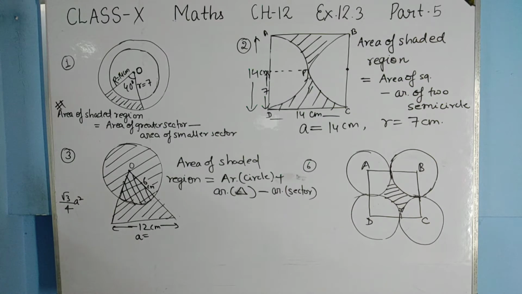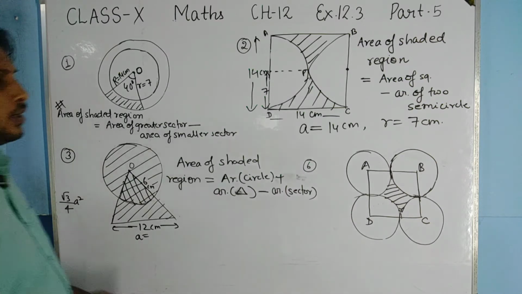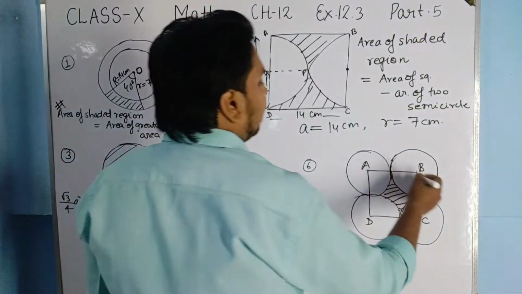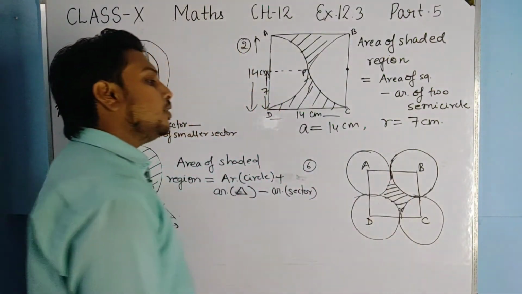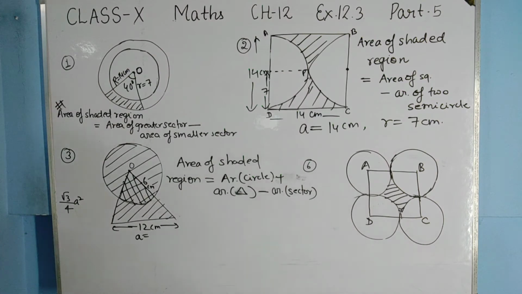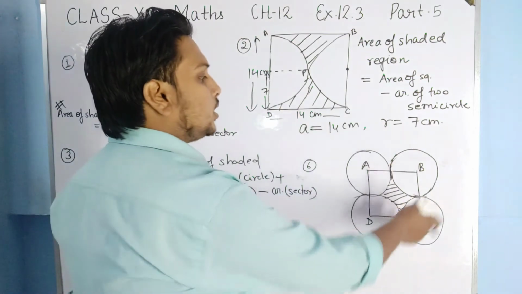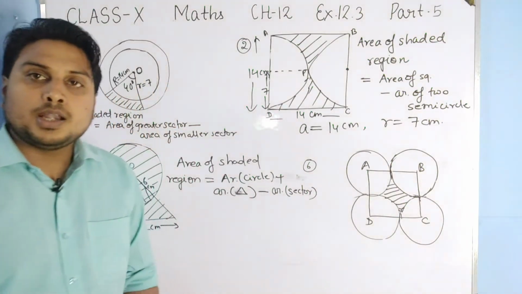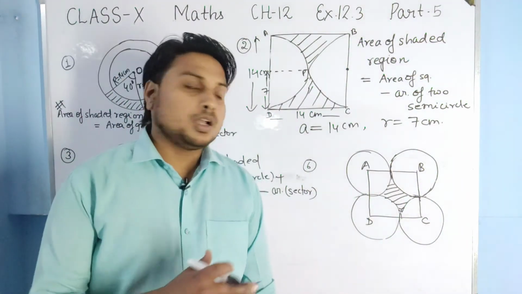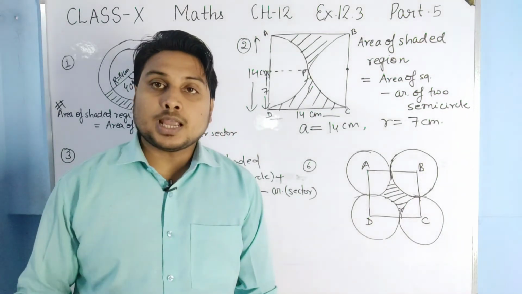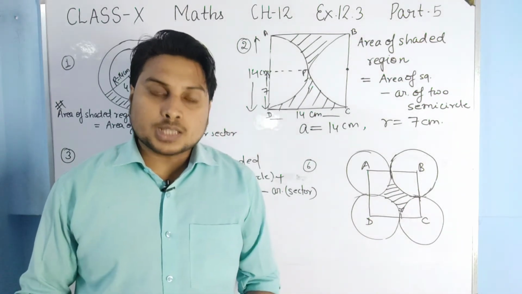Question number 6 is, in the given figure ABCD is a square of side 14 centimeter, with centers A, B, C and D, means taking the vertices of the square ABCD as the centers, 4 circles are drawn.